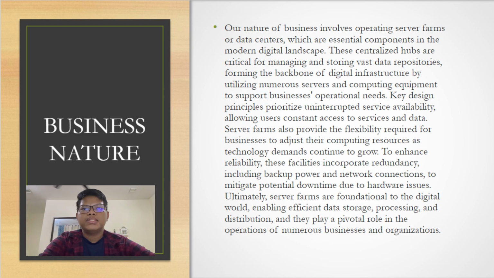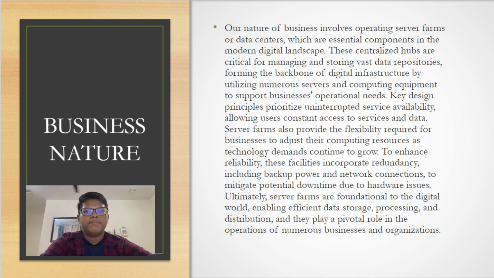Our nature of business involves operating server farms or data centers, which are essential components in the modern digital landscape. These centralized hubs are critical for managing and storing vast data repositories, forming the backbone of digital infrastructure by utilizing numerous servers and computing equipment to support businesses' operational needs.